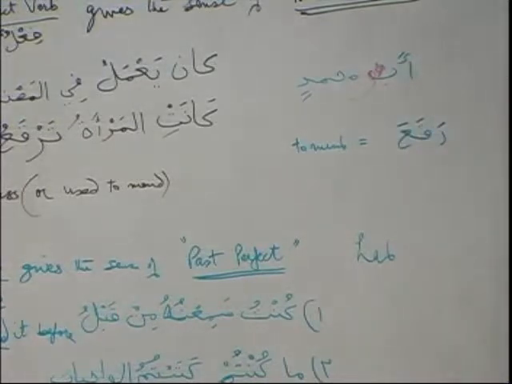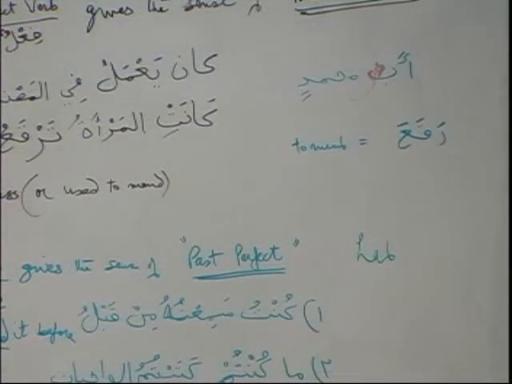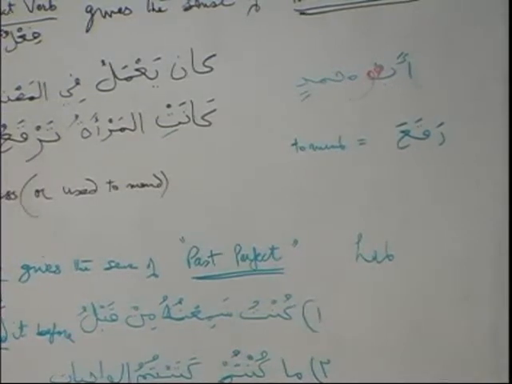Abu Muhammadin. When will the spelling change? Only when it is coming as a mudaf, otherwise not. Same thing will be Akhun. Right now we are only doing 2, but there are more.